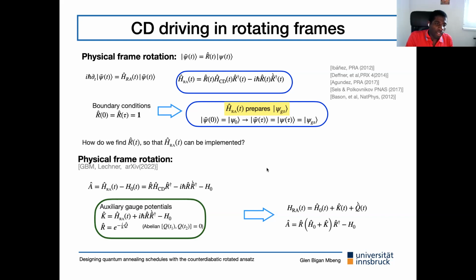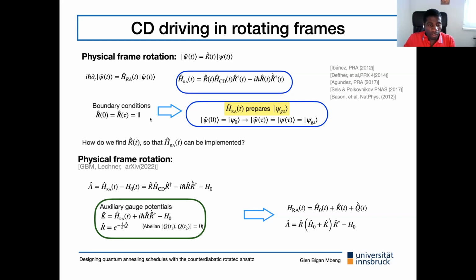If we consider a rotated frame, the effective Hamiltonian which describes the dynamics in the rotated frame also changes. Here we call this Hamiltonian H_RA, and similarly to what happened when we were doing moving frames in some slides before, we have a term which is simply the rotation of the counterdiabatic driving, plus a term that is due to the fact that this rotation is time dependent.